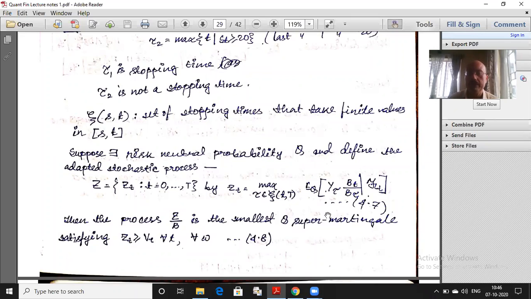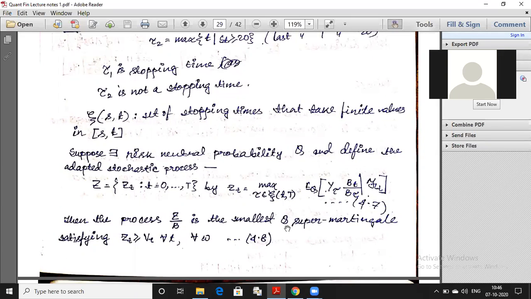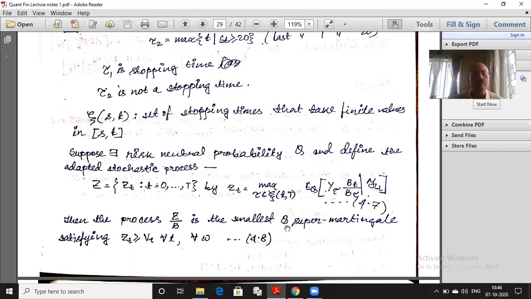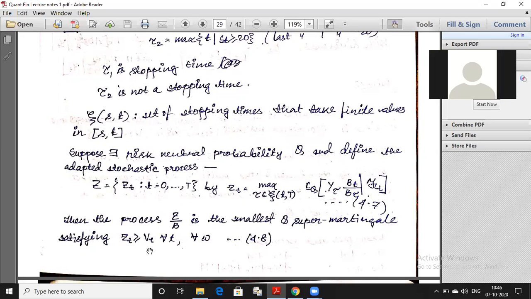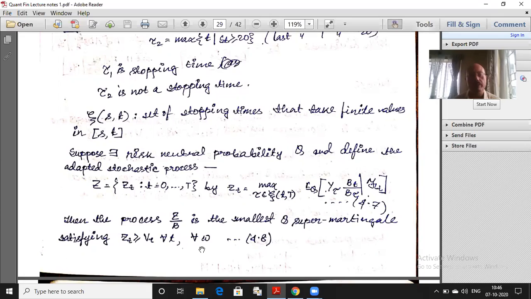So it's a super martingale with respect to the probability Q that satisfies Zt is greater than or equal to Vt for all t for all omega. So this is a result that requires careful exploration. We are not going into the details of that here, but the intuition is something that we can easily communicate.